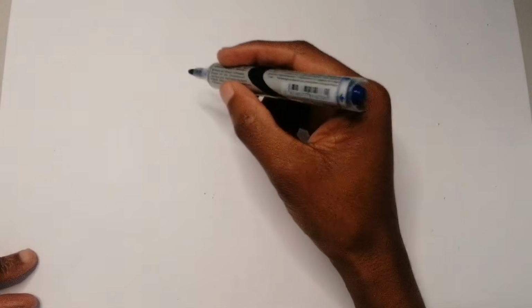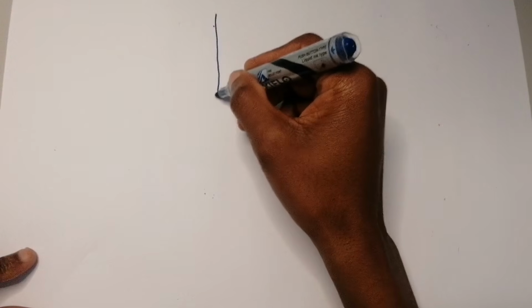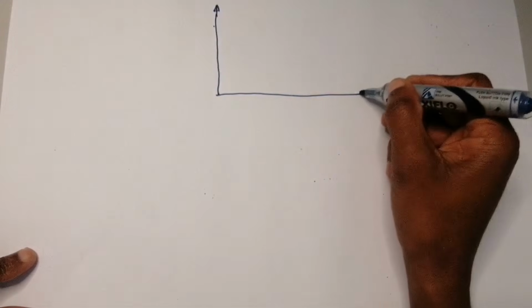So we have what we call the Maxwell Boltzmann distribution. Just to explain that quickly, let me try and draw that graph.